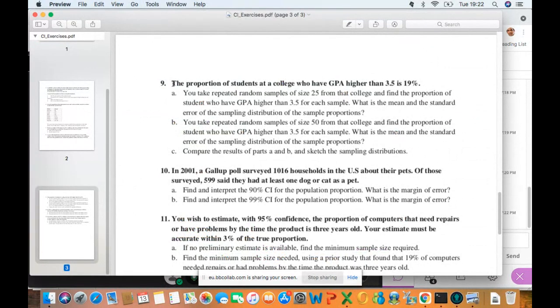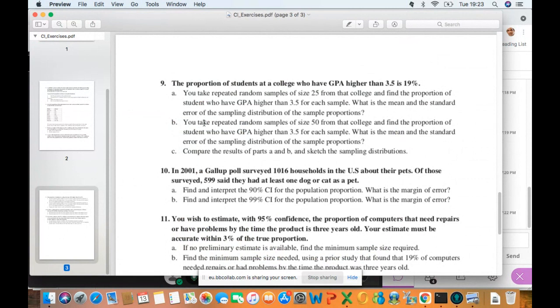Let's read it along, and then I'm going to ask you something. The proportion of students at a college who have a GPA higher than 3.5 is 19%. You take a repeated random sample of 25 from that college and find the proportion of students who have GPA higher than 3.5 for each sample.